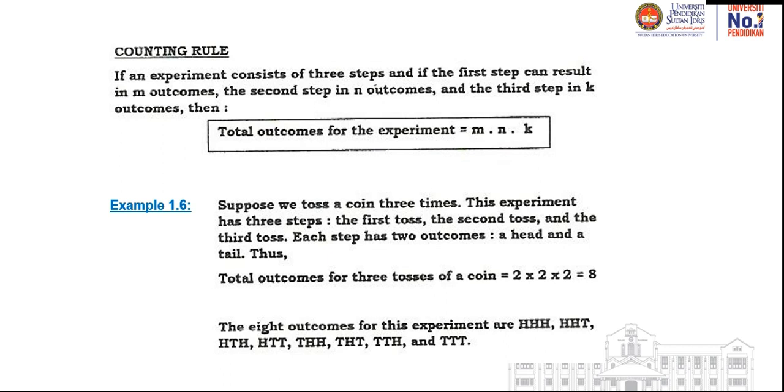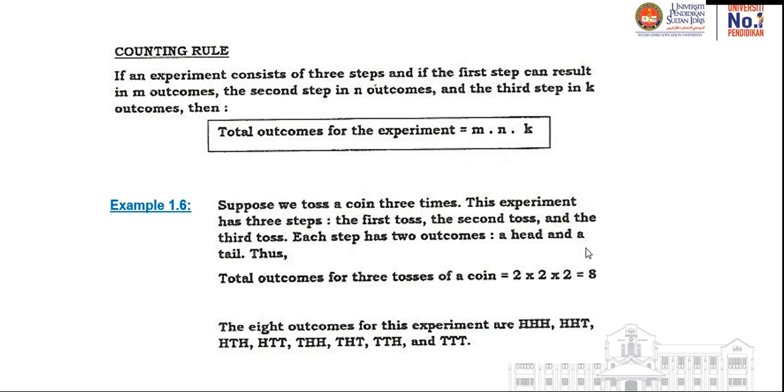For instance, here you know the total outcome is 8, so your list of outcomes, from HHH until TTT, is the correct one, and you can calculate that the total number is 8 possible outcomes.